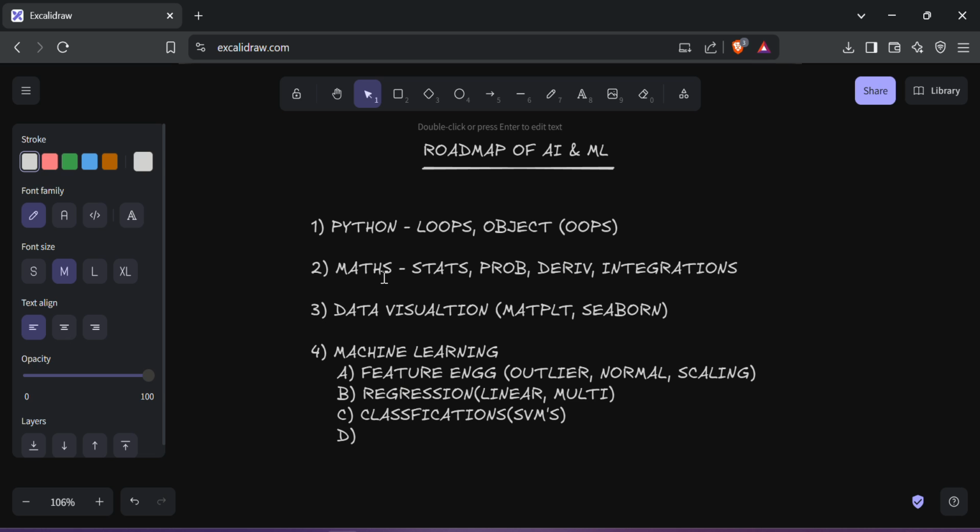Next, we'll be discussing random forest, decision trees, and ensemble techniques.